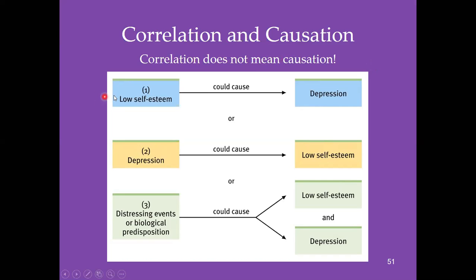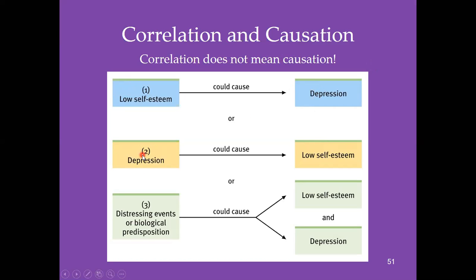Okay, so going back to the example we had of self-esteem and depression, if we tested those two things and found that low self-esteem did go together with depression, that correlation might mean causation. In fact, low self-esteem might be causing depression, but you know what? It could be the other way around.